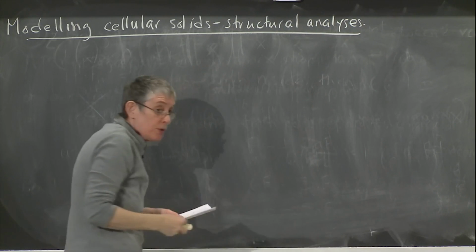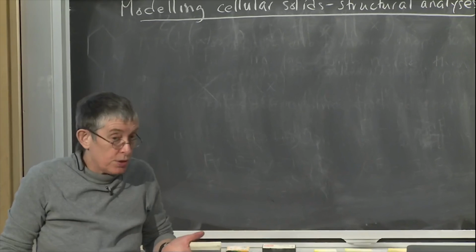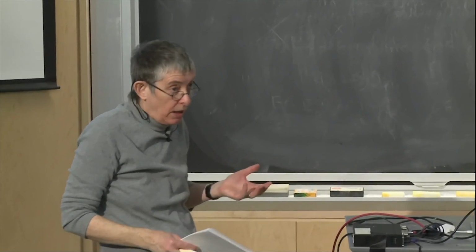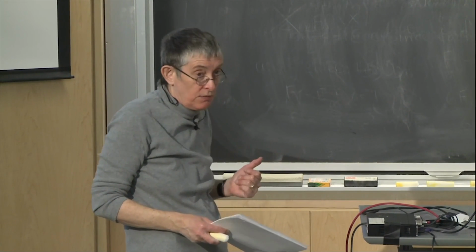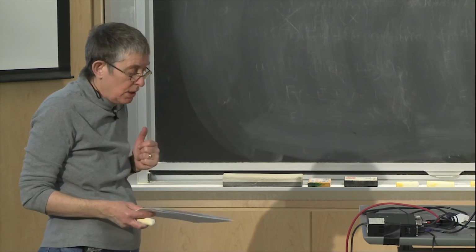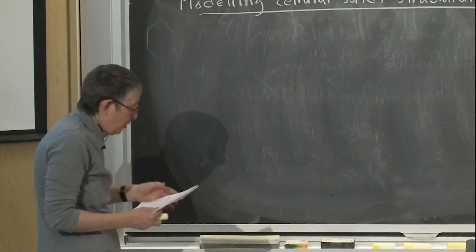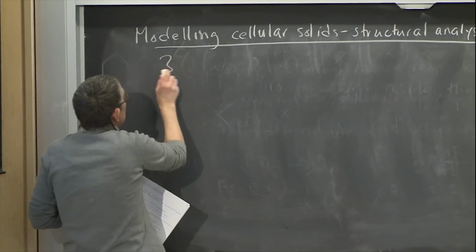So we've been talking about the structure of the honeycombs and the foams. And what we ultimately want to do is be able to model the mechanical behavior or the thermal behavior, some sort of behavior of the cellular material. And for looking at mechanical behavior, there's three main approaches that people take. So you have to model the structure somehow.